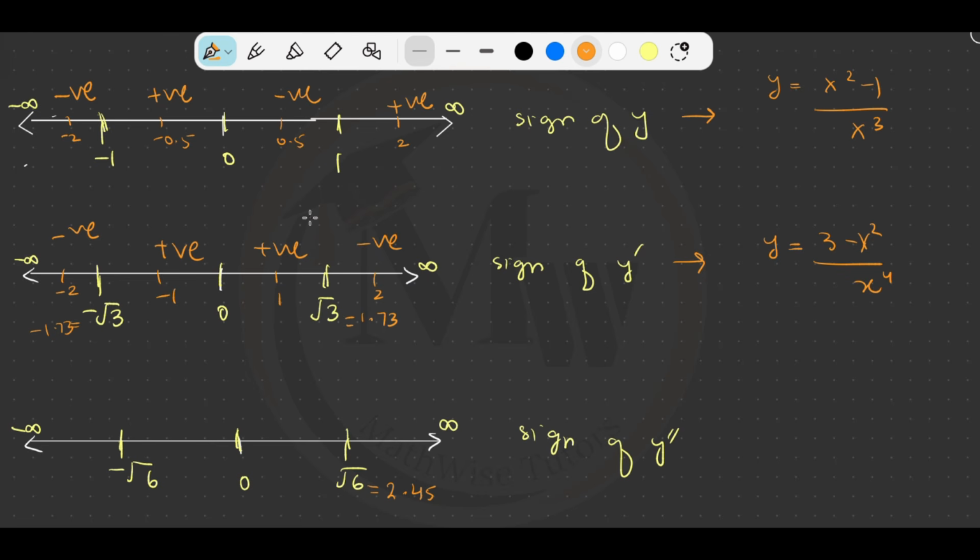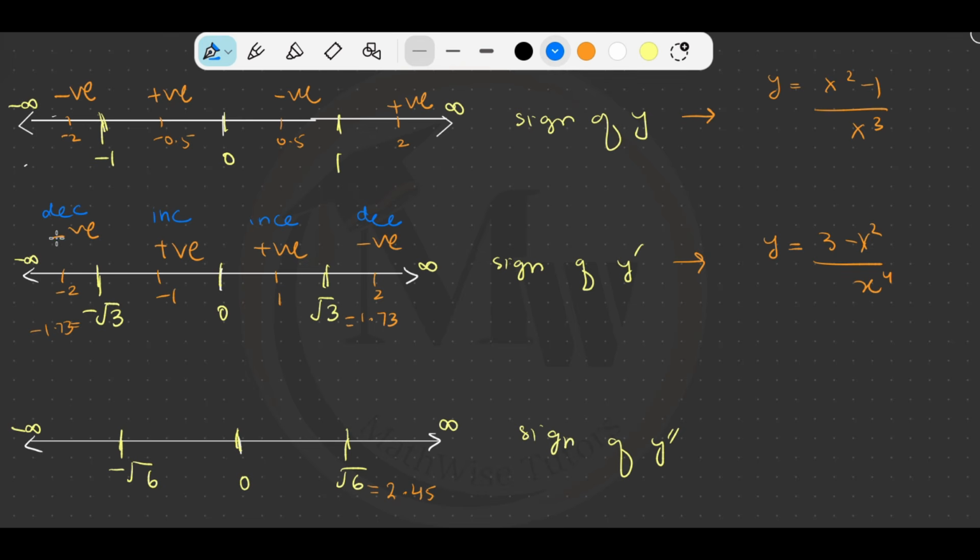What does this information help us with? This helps us identify that negative means it is a decreasing interval, positive means it is an increasing interval. If this is positive, again increasing interval, and this negative means again decreasing interval. So from minus square root of 3 to square root of 3, the whole interval is increasing. After that, it's again decreasing.